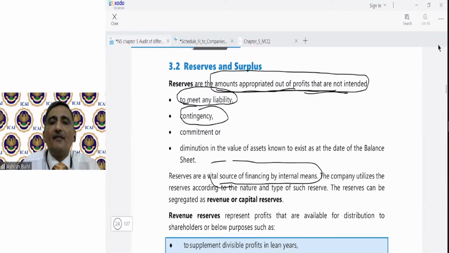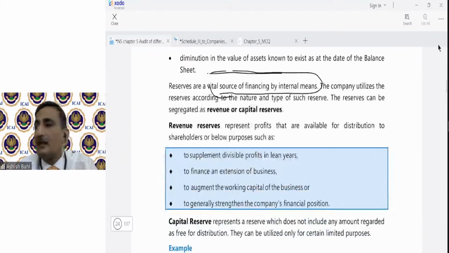Like say if a company is earning profits, obviously its revenue reserves are increasing. How is the company using its reserves?